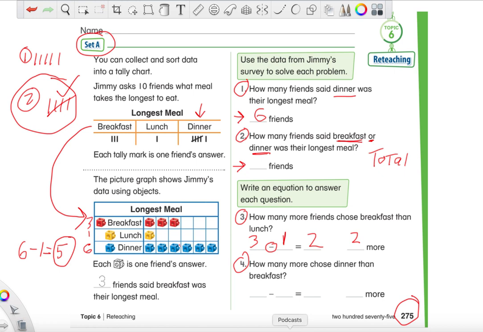I'll give you guys a few moments. Alright, if you're still working on number 4, pause the video, take your time as always, guys. If not, let's move on to page 276 next.